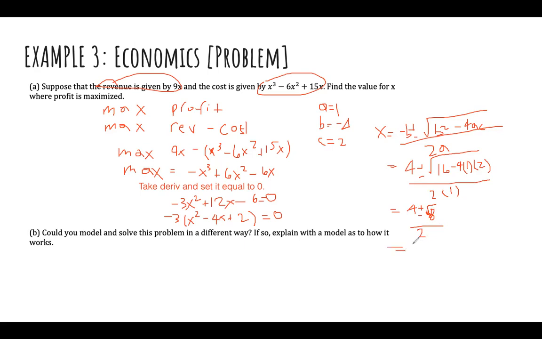So we could say that this is either going to be 4 plus the square root of 8. And when we say square root of 8, we can convert this into decimal form, to be more like real life. That's about 2.82. So we could have 4 plus 2.82 over 2, or 4 minus 2.82 over 2.